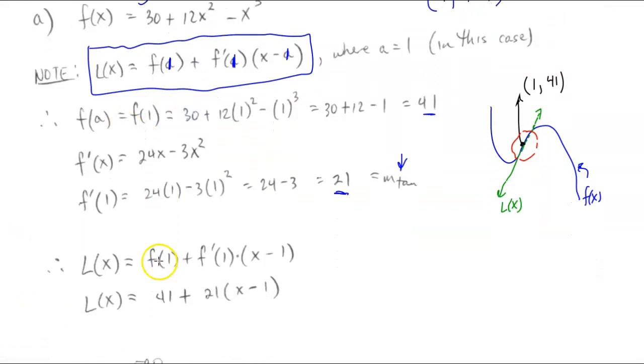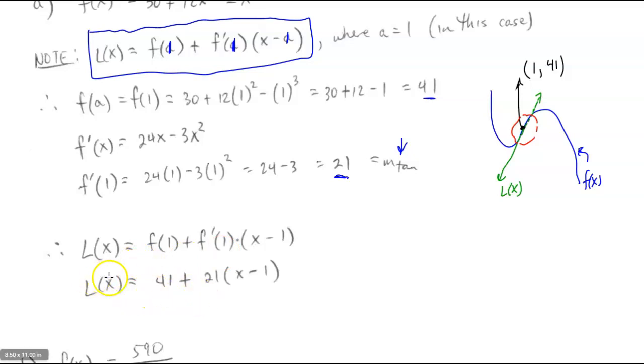Then we put everything in, and this ends up being our equation of the tangent line, which we're calling the linearization of our function f of x. If you want, you can simplify this and say it is 41 plus 21x minus 21, which is 21x plus 20. You can do that if you like.